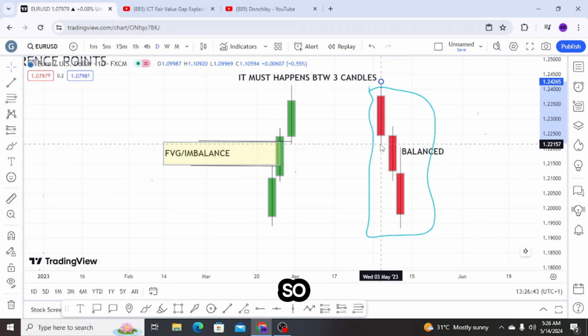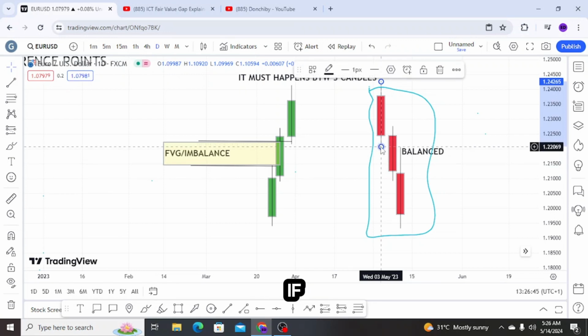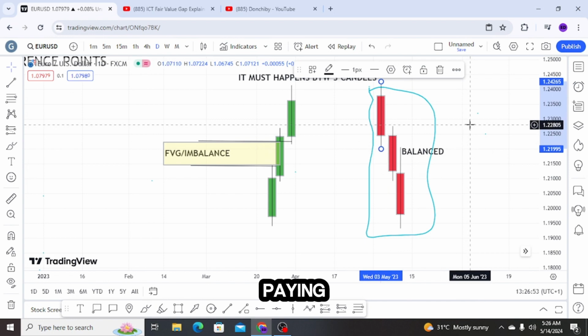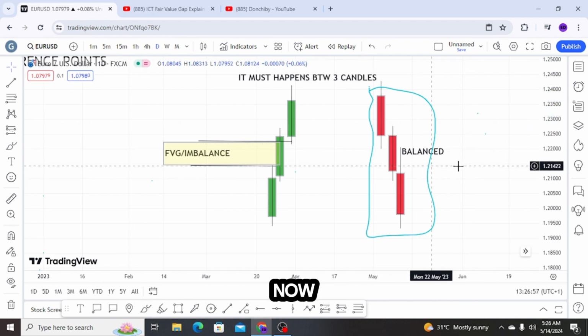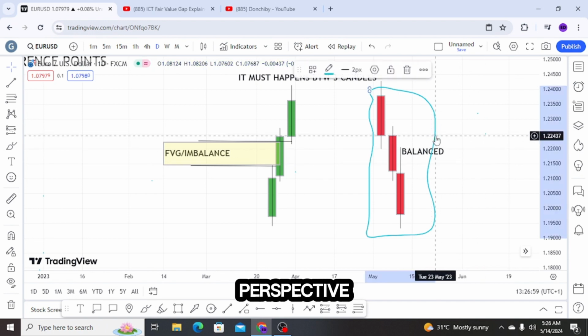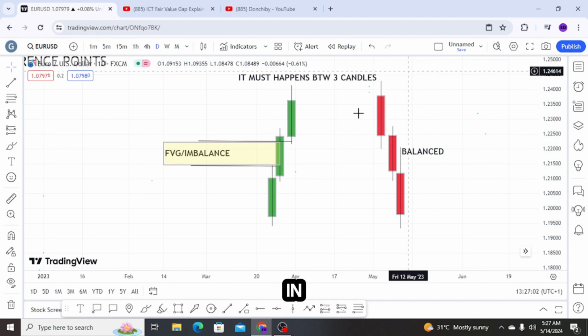The wicks determine if the market is balanced or not. So if you want to identify a fair value gap, you should pay attention to the wicks of the candles. Now let's see it from this perspective, the one I drew on the left side.